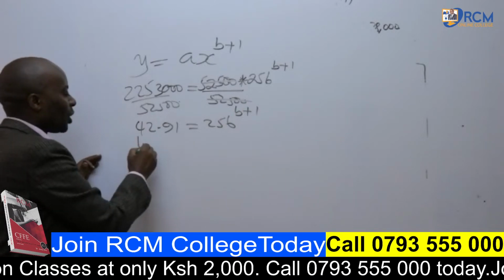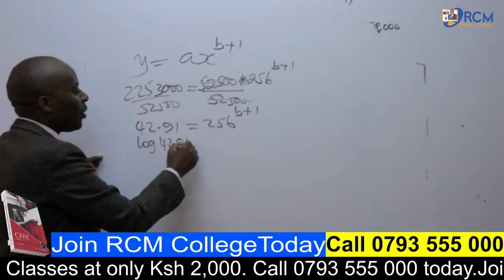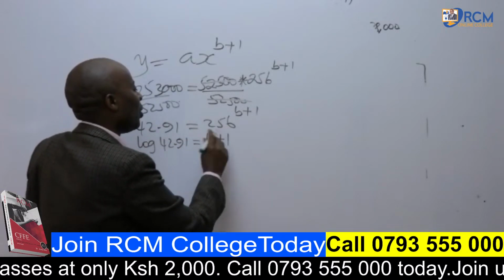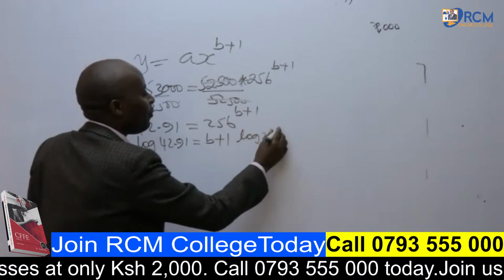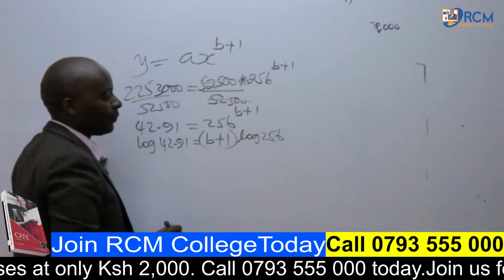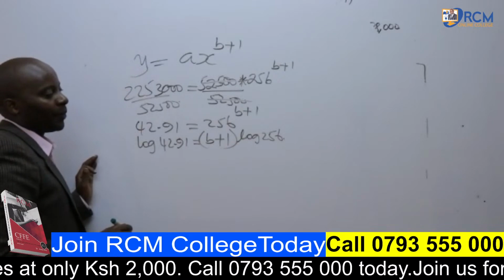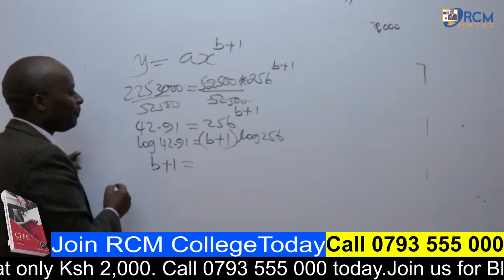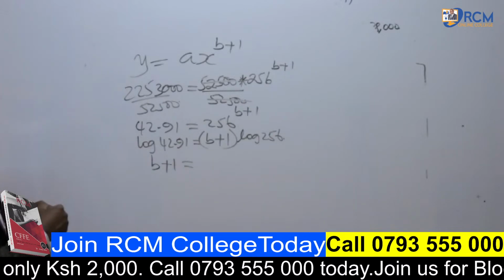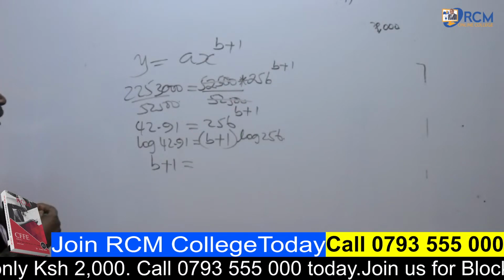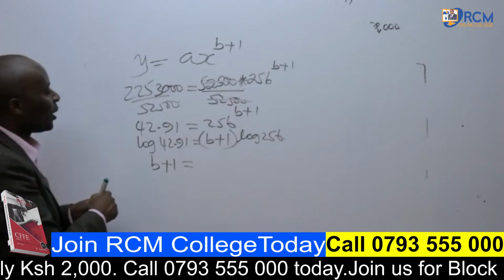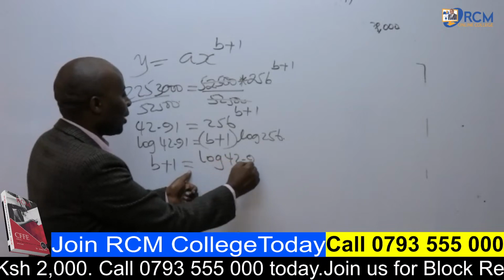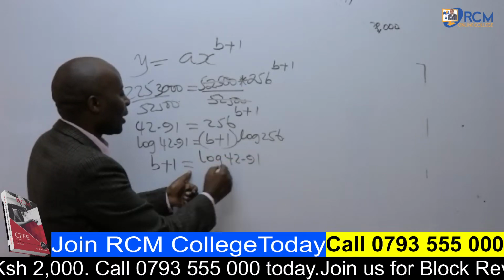So introduce the log this side for 42.91 equals b plus 1 logarithm 256, like that. So from there, come and divide both sides. b plus 1 will be equal to, sorry for this, log 42.91 divided by log 256.